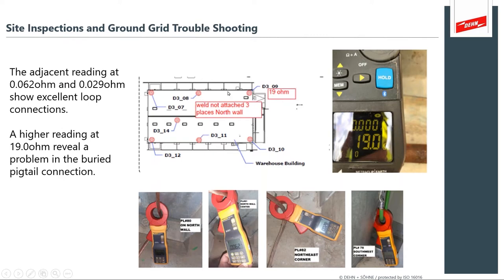You can come back with clamp-on meters that can record the resistance of the loop, and analyze a typical structure. When you see adjacent readings that are very low, like 0.062 or 0.029, and then you see an adjacent reading at 19 ohms, you know that something's wrong with that connection.